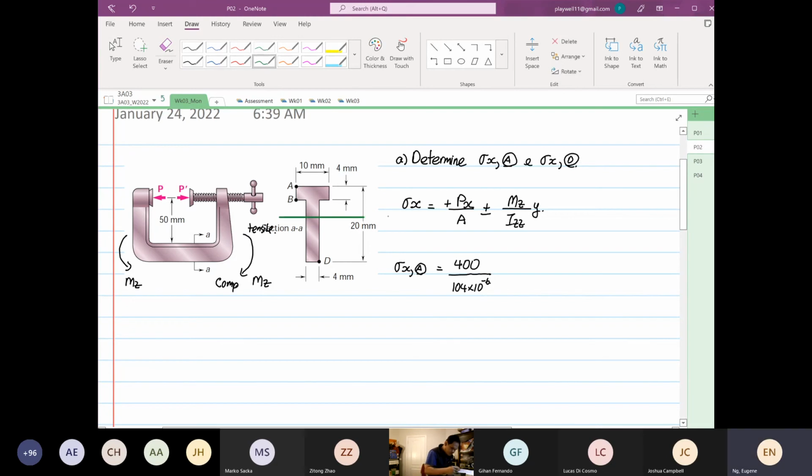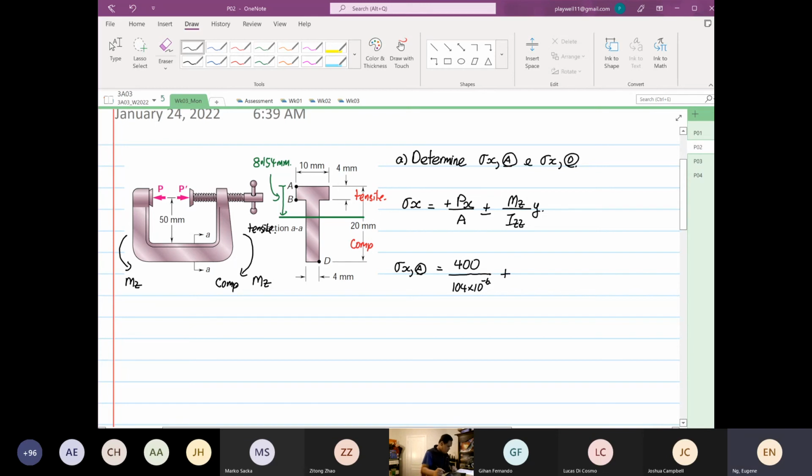The distance from here to here is 8.154 millimeters. We know that this side is compression, so this side will be in tensile. So at point A, it'll be in tensile, so this is going to be plus.